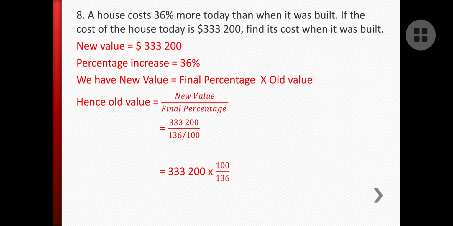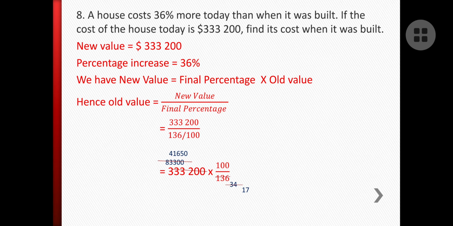Okay, so we'll see. First I have divided it with 4. So 136 by 4, when you divide, you will get 34, and 3,33,200 when you divide with 4 you will get 83,300. Then I have done it with 2.